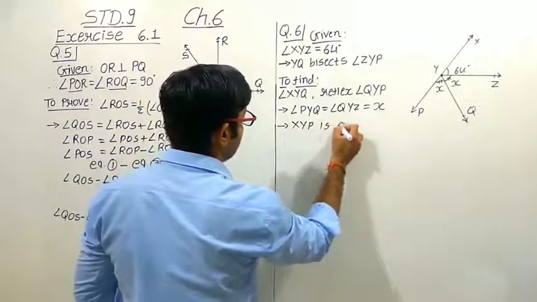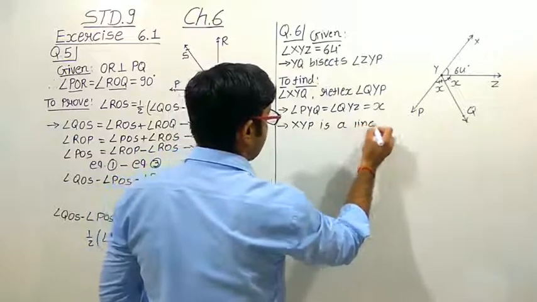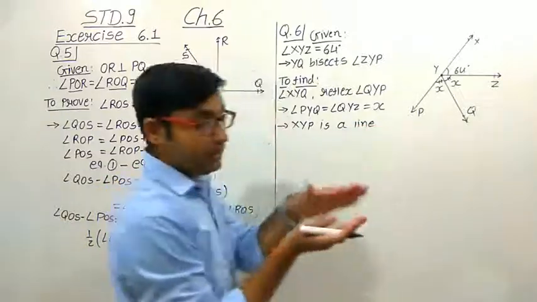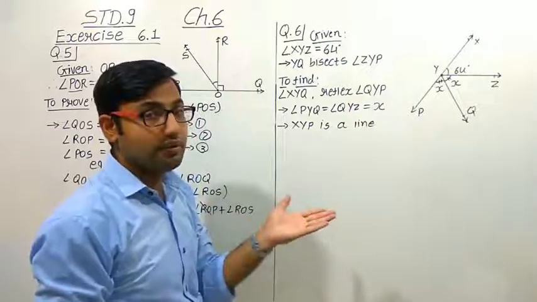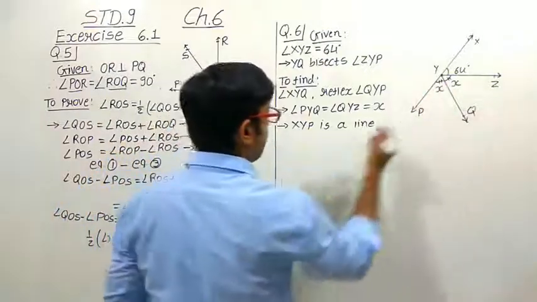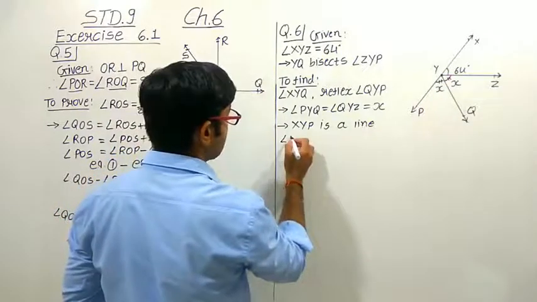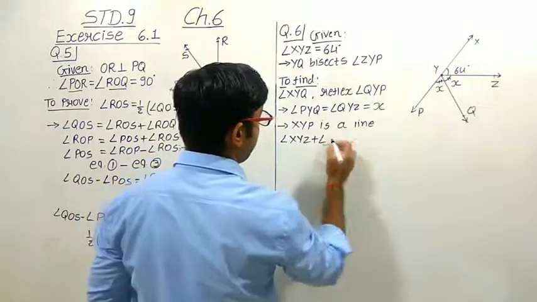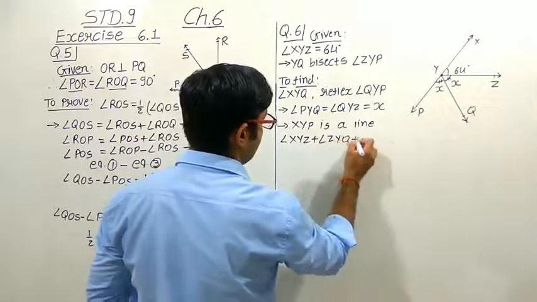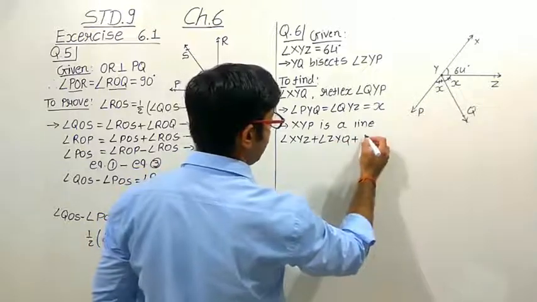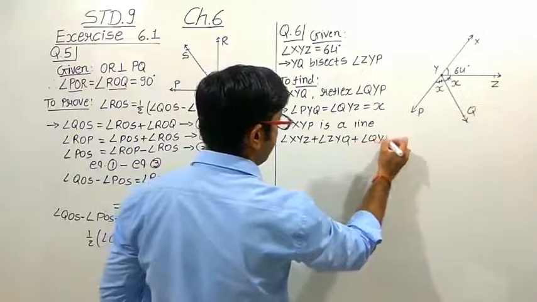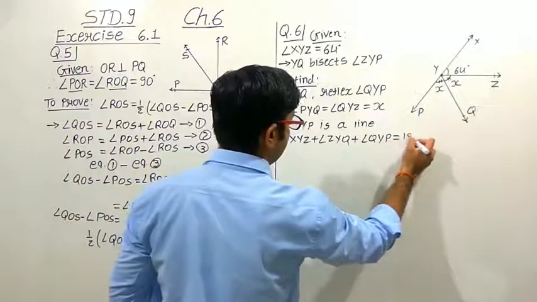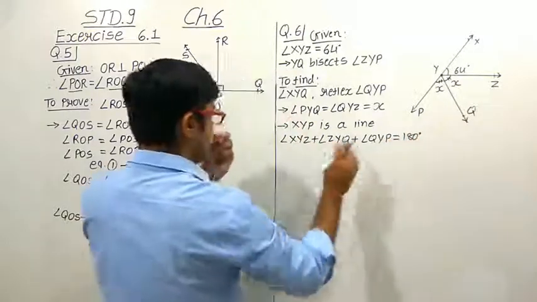So whatever the angles on the line, the total will be 180 degrees. So here we can write angle XYZ plus angle ZYQ plus angle QYP total will be 180 degrees because XYP is a line.